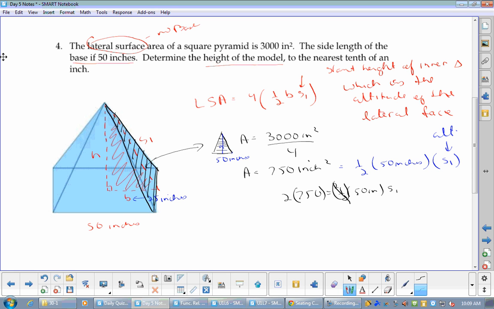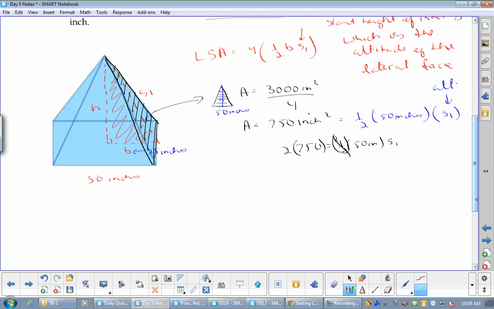Then what would we do? I want S1 by itself. How would I get S1 by itself? Divide by 50. So I'm going to divide this by 50. So what am I left with on the right? Just S1, which I wanted, right?